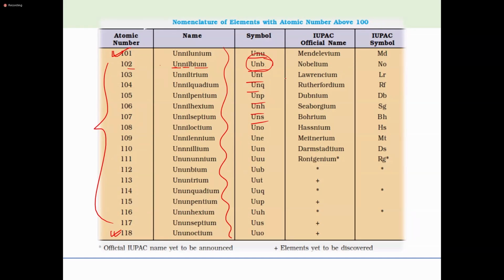We can also see the official names, like nobelium and rutherfordium. Some elements were discovered later, but the nomenclature of these elements has been designed in this way.